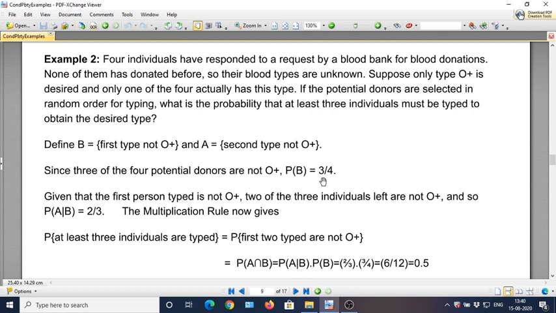So it is the multiplication of these two probabilities, 2 by 3 and 3 by 4, that will give you the desired value.